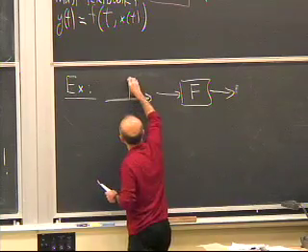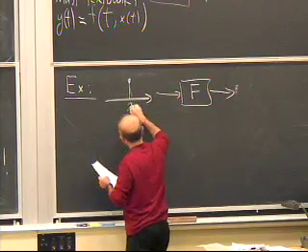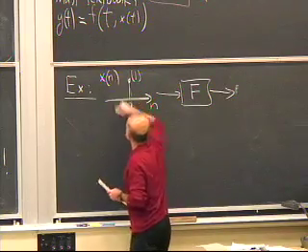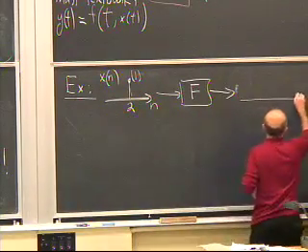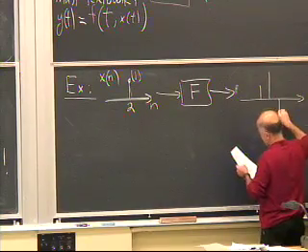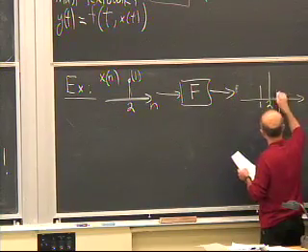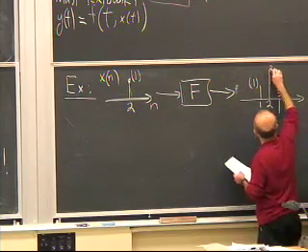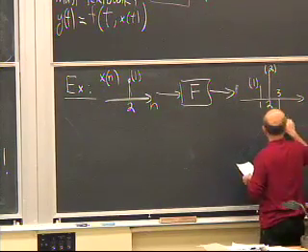In this case, the input signal at 2 is an impulse. So this is x. And the output signal at 1, 2, 3 is 1, 2, and minus 1.